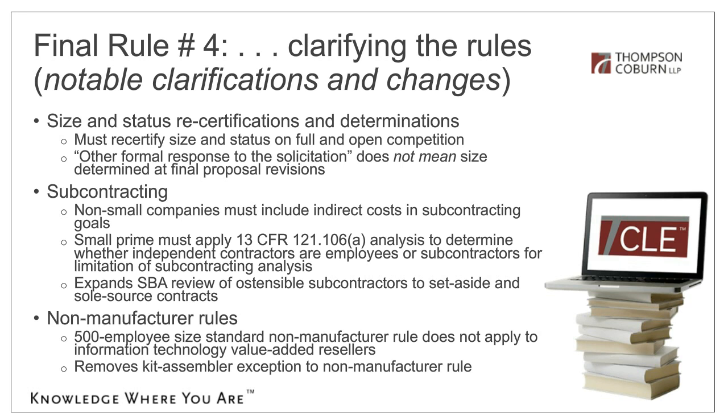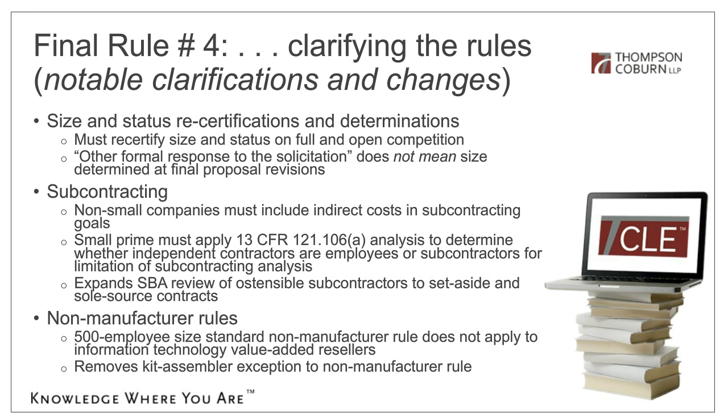SBA also clarified that a contracting officer may award set-aside contracts where only one acceptable offer is received. There apparently had been some confusion amongst contracting officers whether or not they could still award a set-aside contract if they only received two offers, whether or not that violated SBA's rule of two, and SBA said it doesn't matter that you just received one, you can still award the contract.